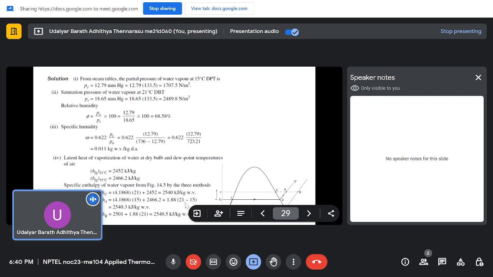It's not different, only in the decimal places. So that is negligible compared to the magnitude of the specific enthalpy. So in whatever process you find the water vapor enthalpy, the value will be about the same.